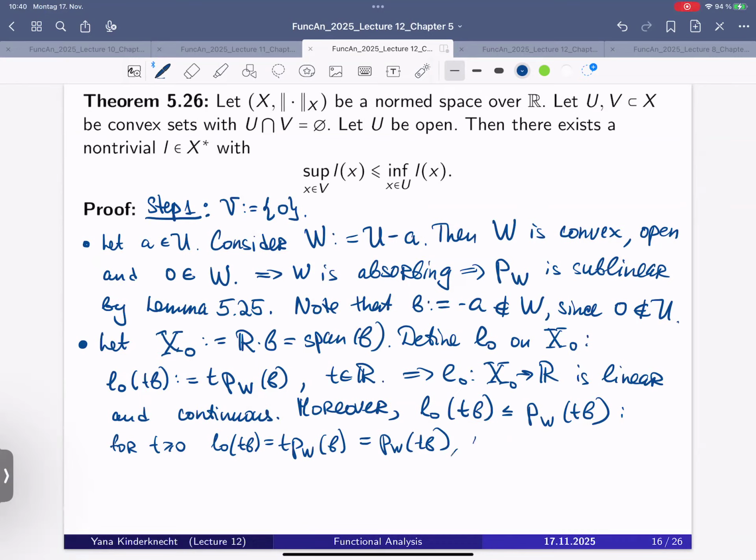And for T smaller than 0, L0 of TB is less than 0, and p_W of TB is bigger or equal to 0.